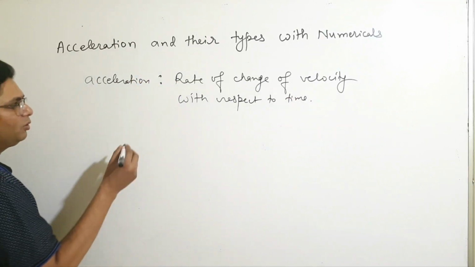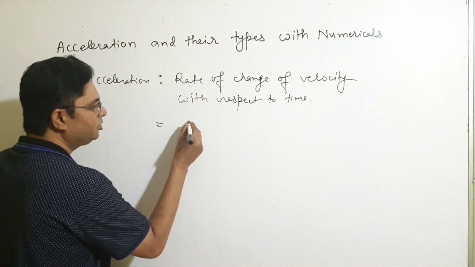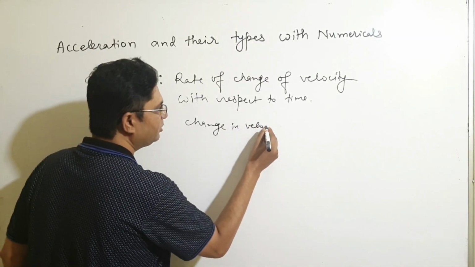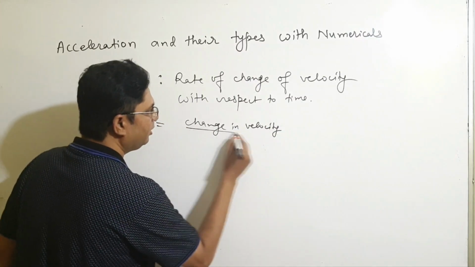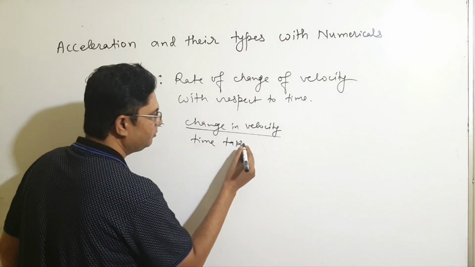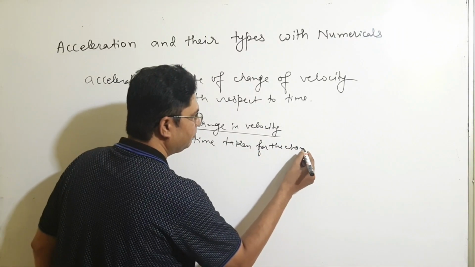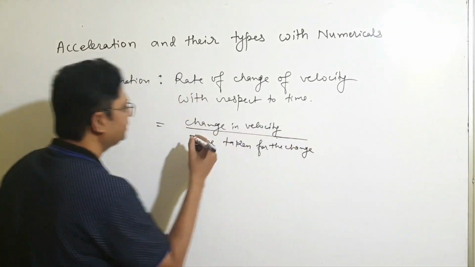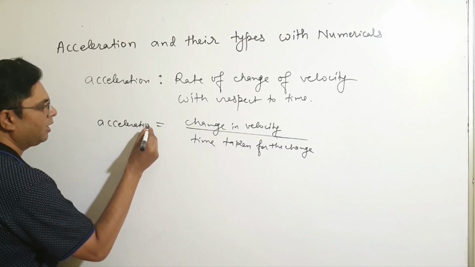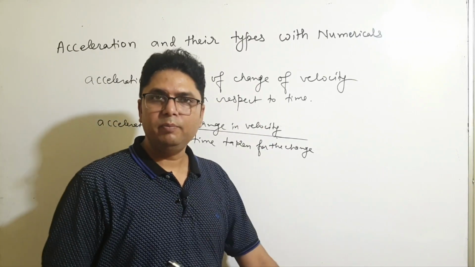This means that you can say that change in velocity divided by time taken for the change is said to be acceleration.